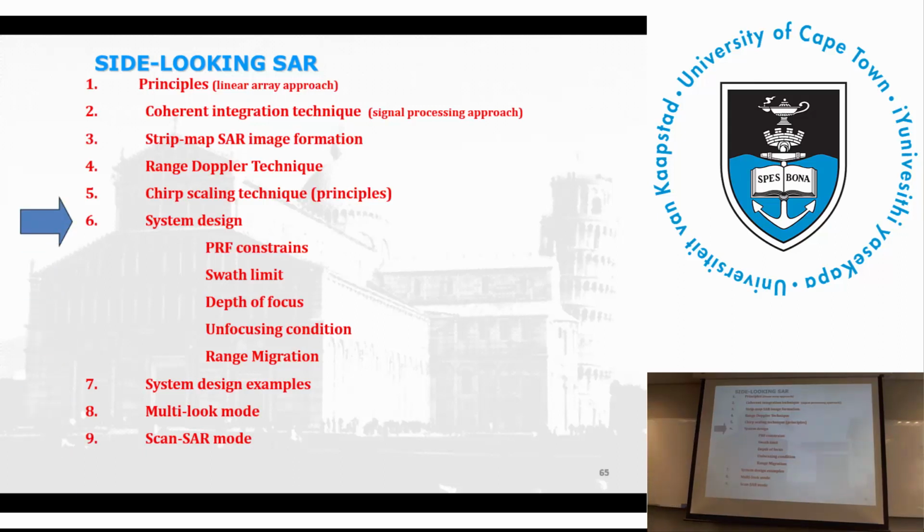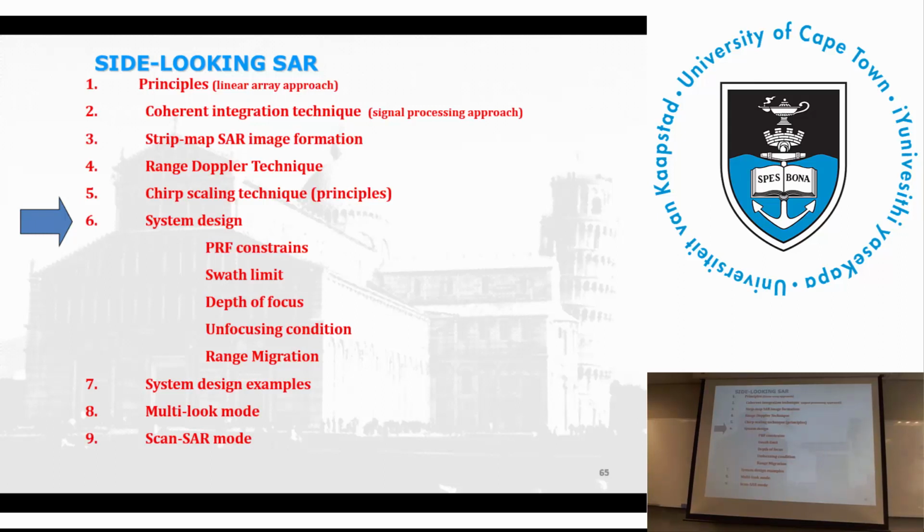So what I want to talk to you about now is SAR system design. A lot of parameters that we looked at are somehow dependent on each other, and we can't arbitrarily choose those parameters and do whatever we want. You even played around a little bit in the code before, and you see that depending on how you choose your platform velocity, you have to accordingly choose the PRF to adjust things and make sure that you don't scramble things up.